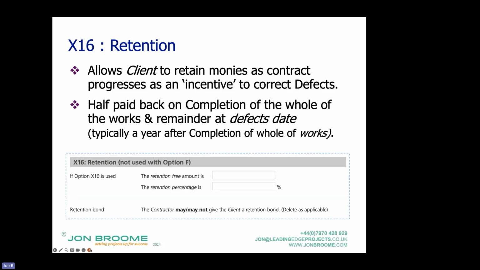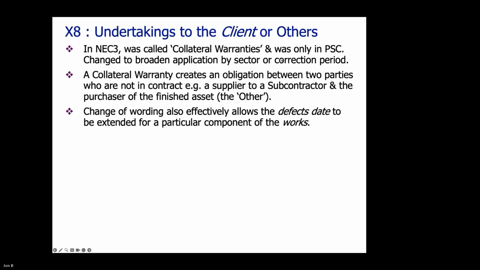So when I say extend the correction period, it could be for a specific thing that you identify in that collateral warranty, that they have a specific obligation to come back over and above that default 1 year or 2 years or whatever it's specified in it. But I haven't said what a collateral warranty is.